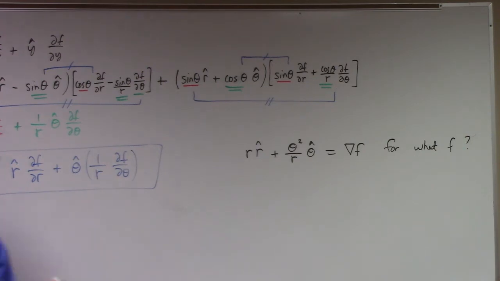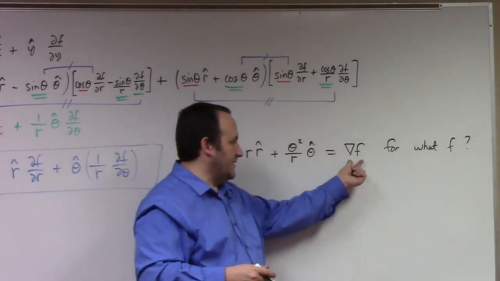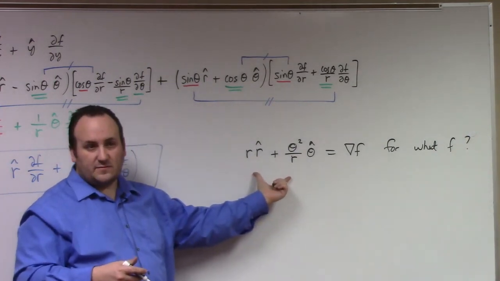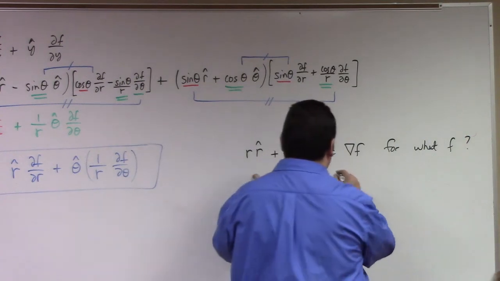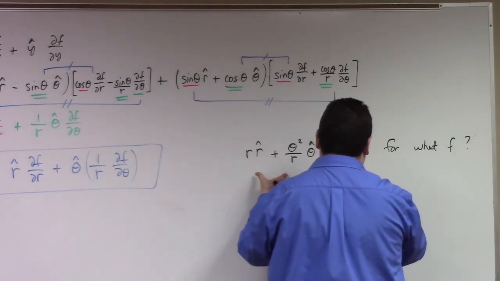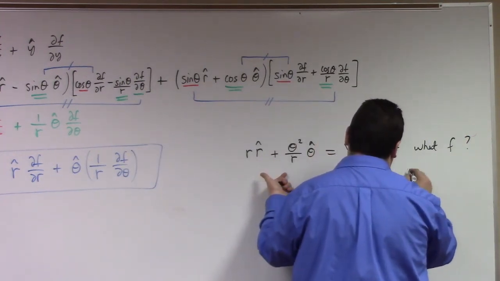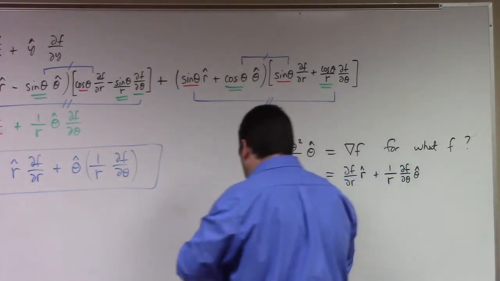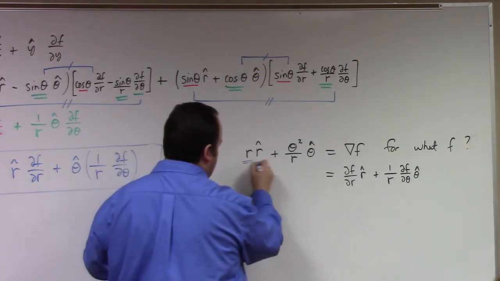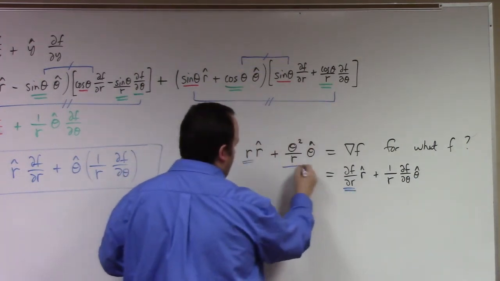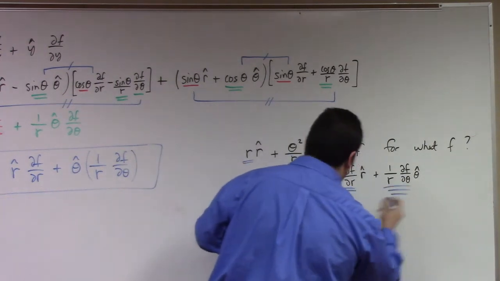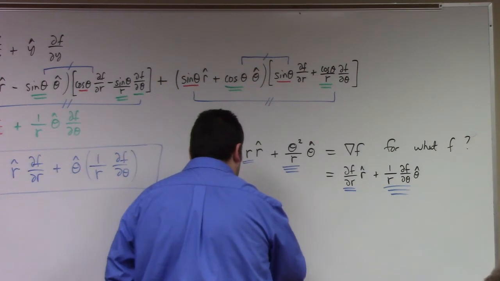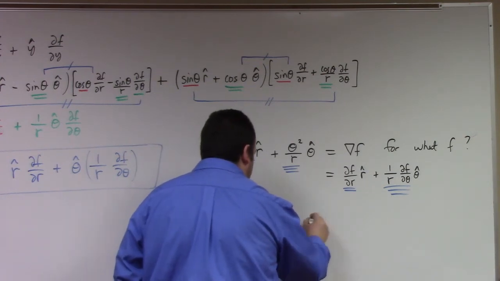So if you wanted to find f such that the gradient of it matched this polar vector field, what would you have to do? You go back to the formula we just derived, right? And we have to match components, right? This has to be equal to that, and this has to be equal to that. So you'd have to solve partial f partial r equal to r, and what else?